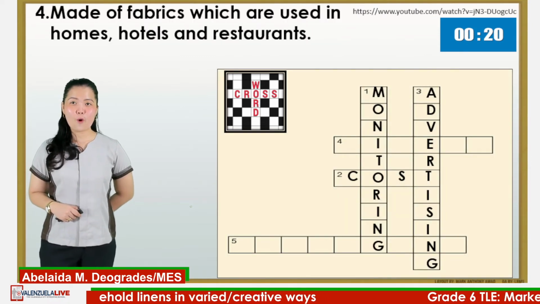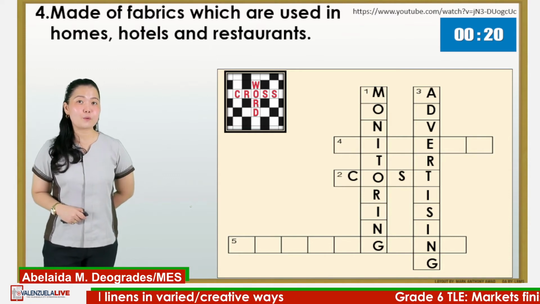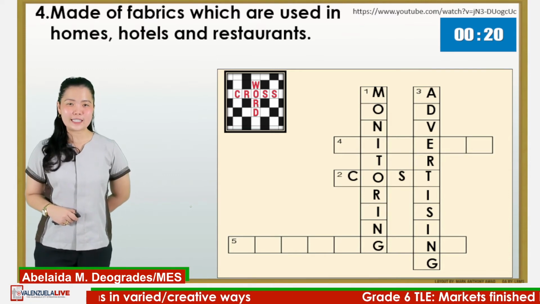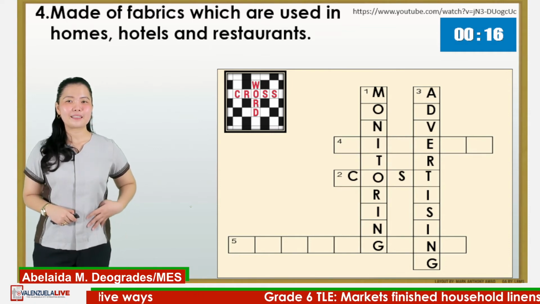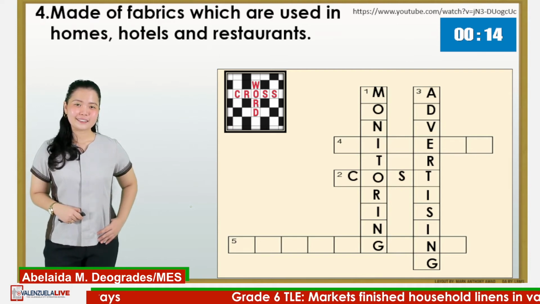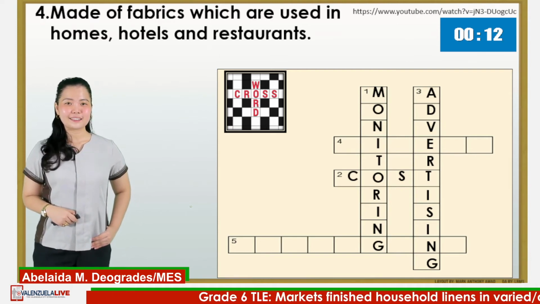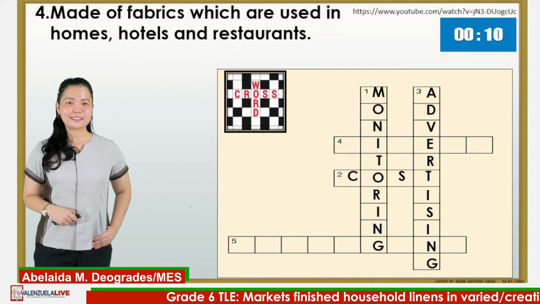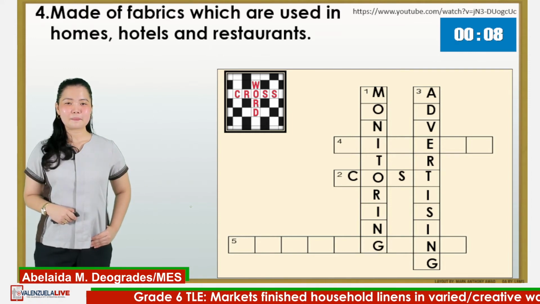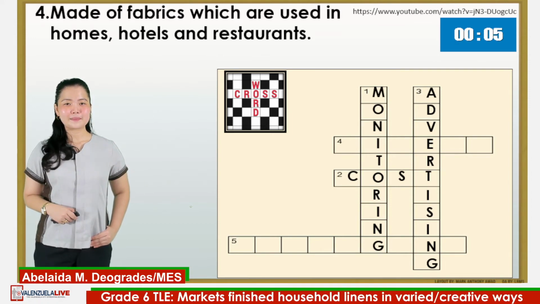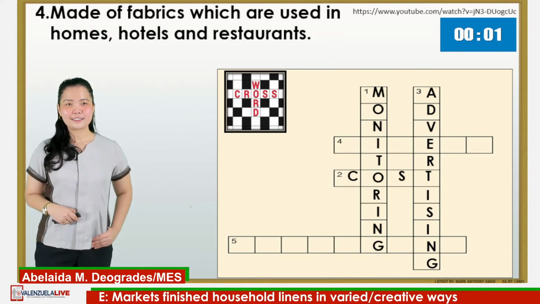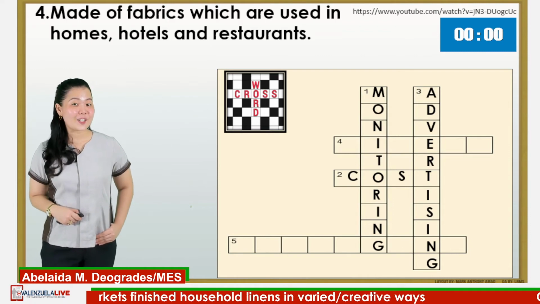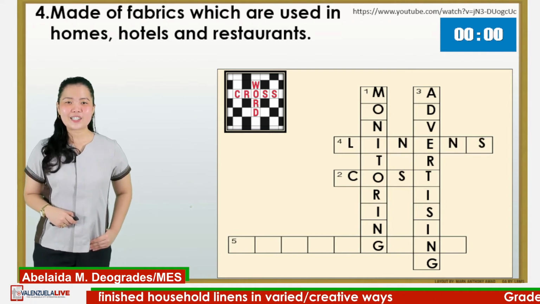Number 4. Made of a fabric which are used in homes, hotels, and restaurants. The answer is linens. Correct.